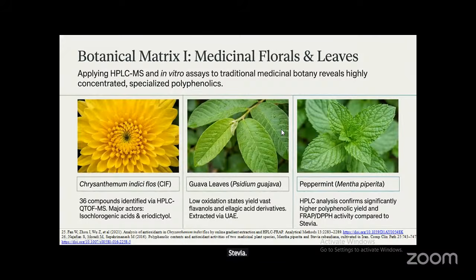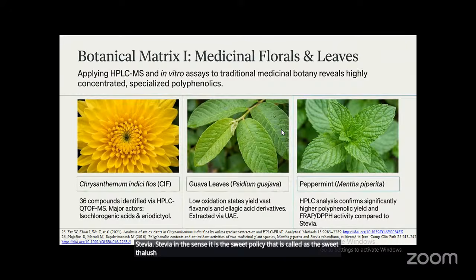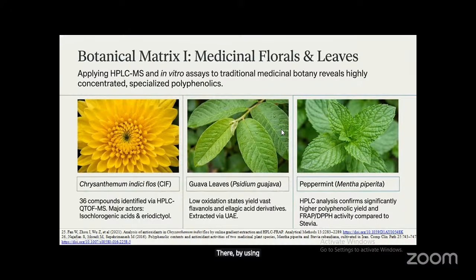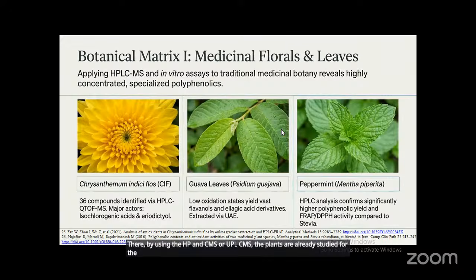Stevia is the sweet tulsi, also called madhu tulsi. There, by using HPLC-MS or UPLC-MS, the plants have already been studied for antioxidant capacity. Next slide.